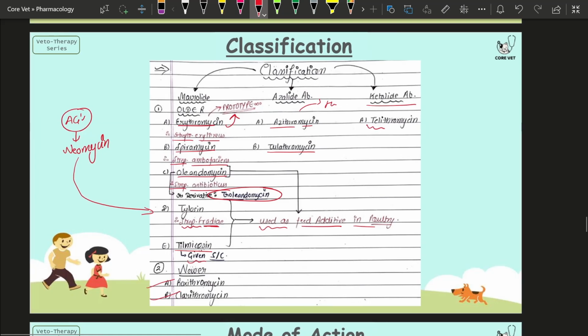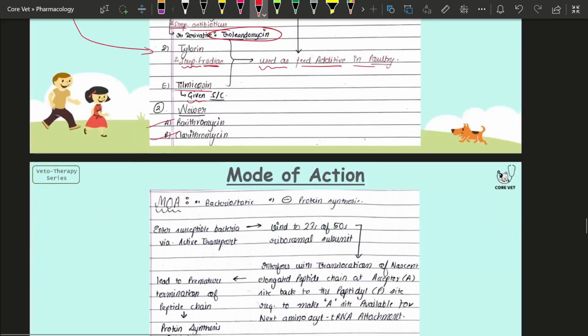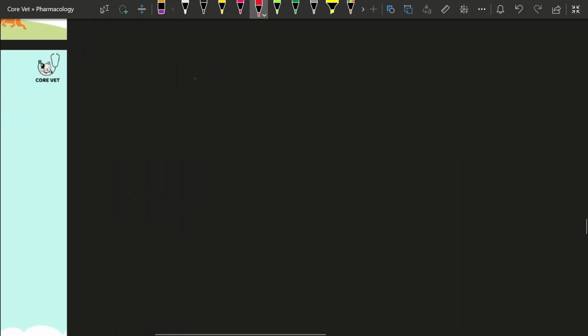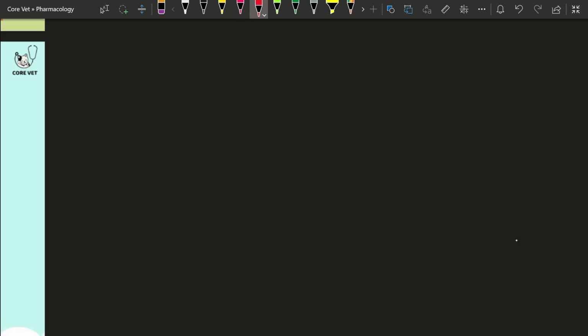Let me move towards the mode of action. This is the cell wall, and M is the macrolide.